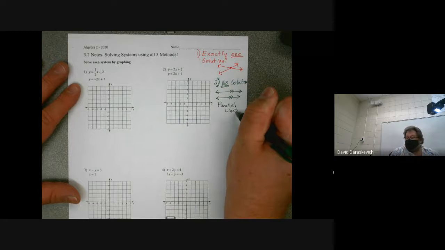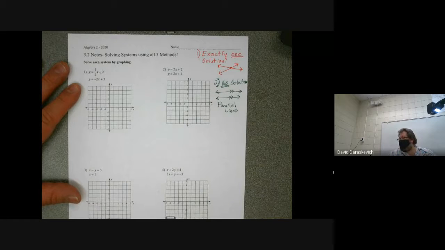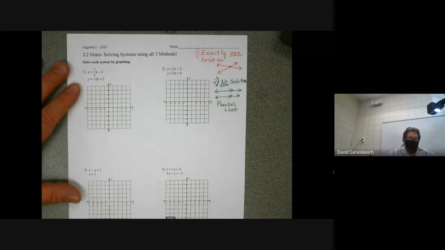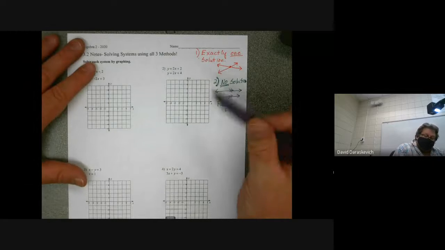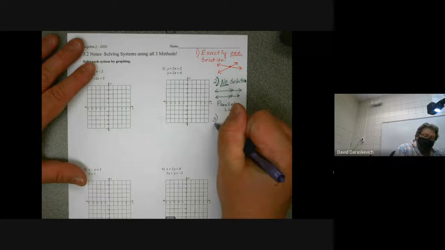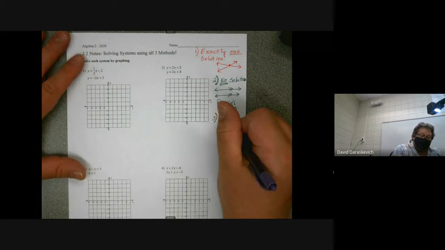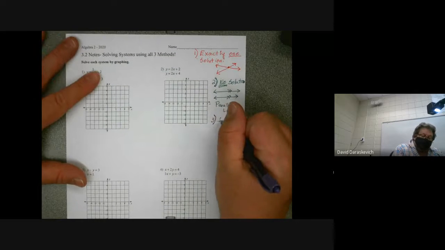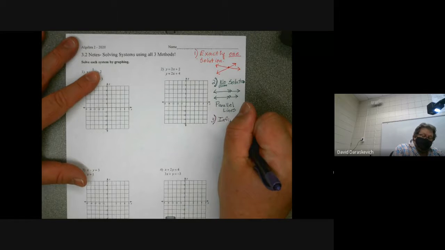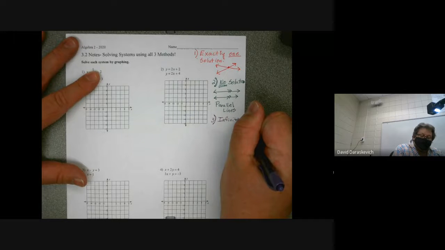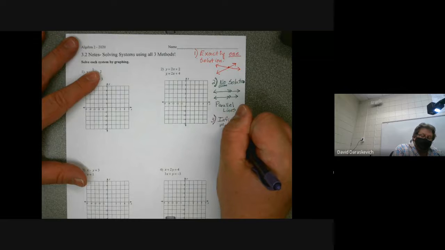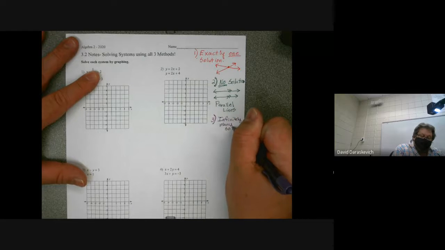And the third scenario, you guys all remember this from Algebra 1. The third scenario was infinitely many solutions. I always abbreviate solutions, SOLN.